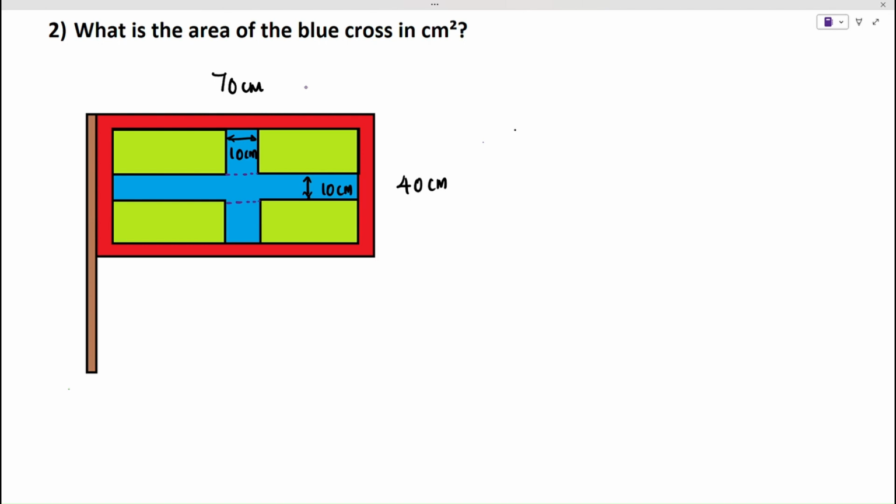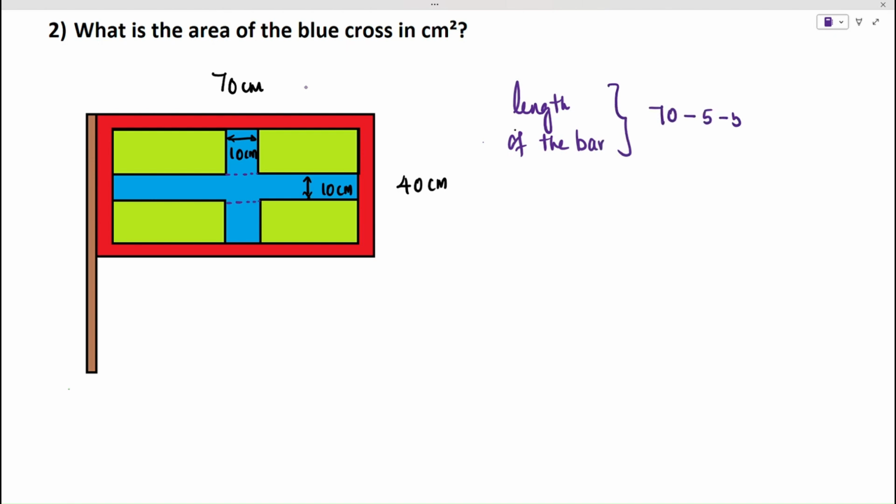So let's find the area of the section in the middle, that middle bar of the cross. We have our width here as 10 centimeters, but we also have to find the length of this bar. To do that, we do 70 minus 5 minus 5, because the red border takes up part of that 70 centimeters.